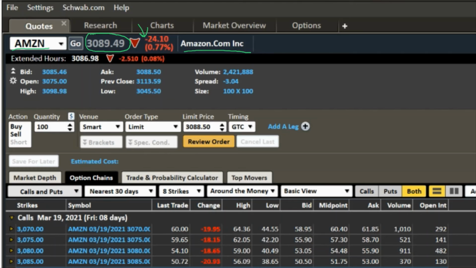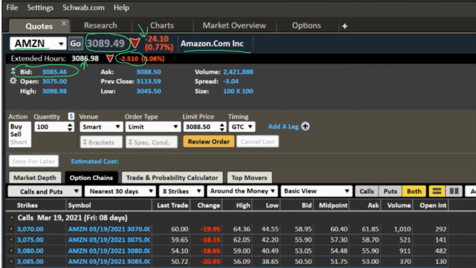And you can see directly underneath that, it says minus 2.51 in red. So that means since it closed in the extended hours trading session, the last trade was 2.51 less than the closing price. So not a fun day for Amazon, but you'll see the last traded price was 3,086.98. I just arrowed that. That's the last traded price in the extended hours.